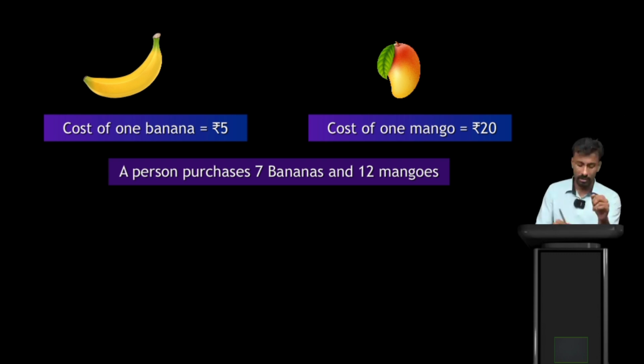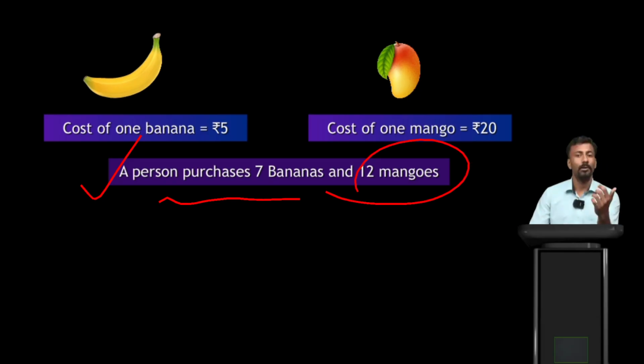Now the question is, suppose there is a person who goes to the market and purchases 7 bananas and 12 mangoes. The cost price of one banana equals rupees 5 and the cost price of one mango equals rupees 20.